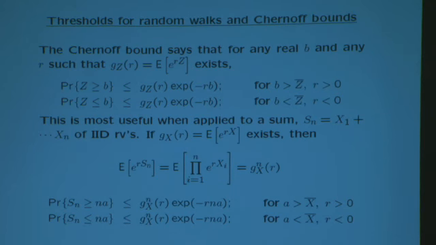The expected value of a product of a finite number of independent terms is the product of the expected values. So it's g_X of r to the nth power.